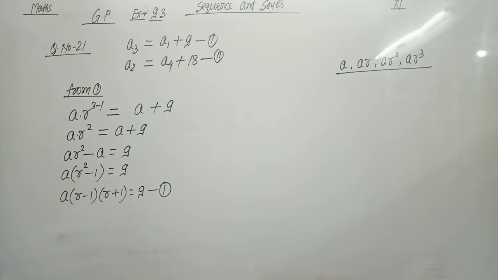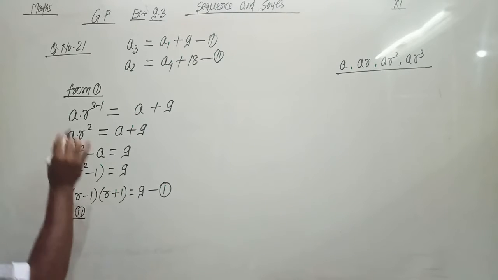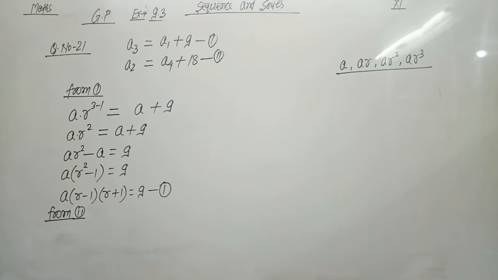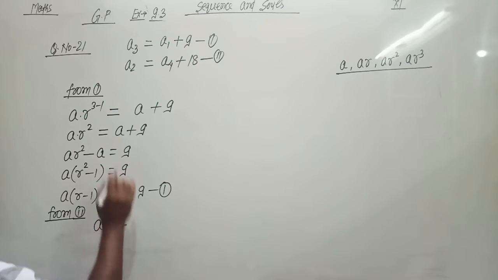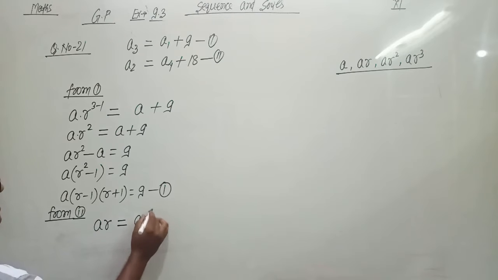Now from the second equation. We have the second term, A2, which means a into r. The fourth term means a into r raised to the power 4 minus 1, plus 18.